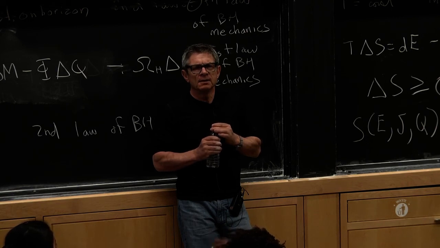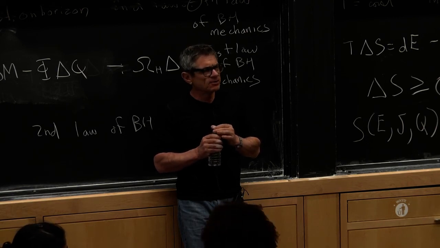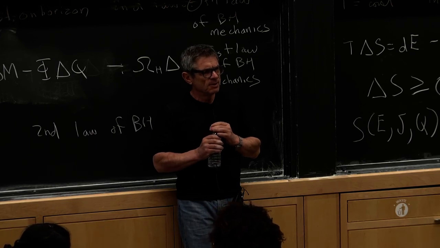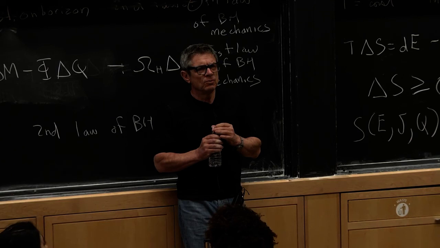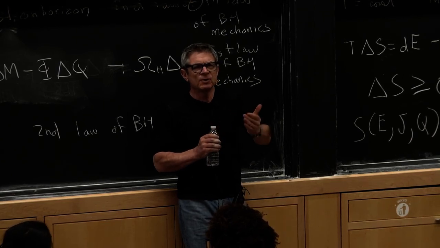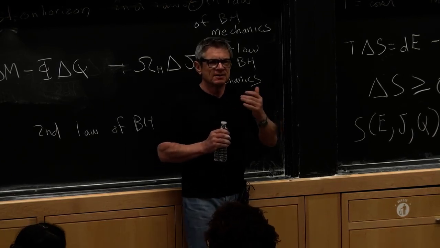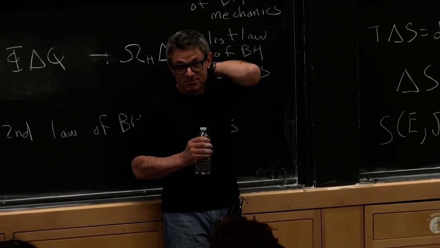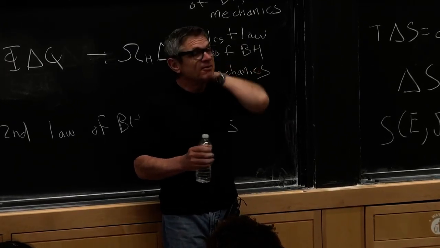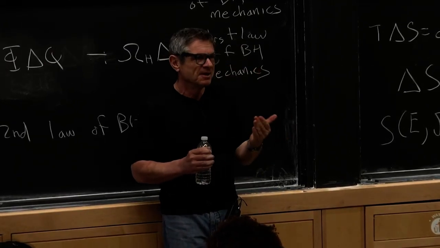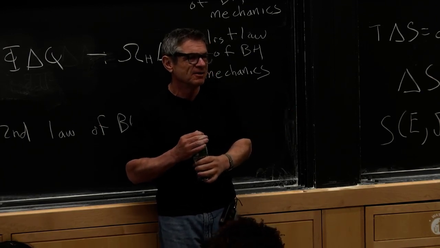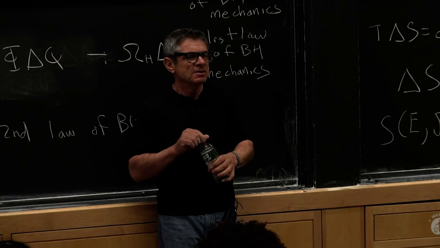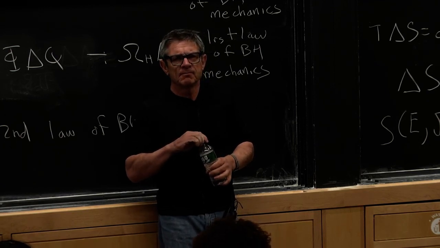Well, this is a statement about microscopic degrees of freedom. We can't use an effective theory to compute the entropy above the scale where it breaks down. You see my point?